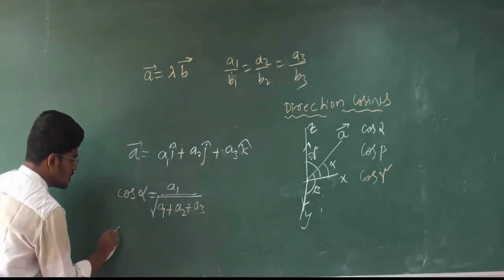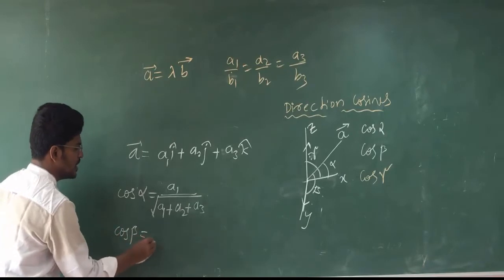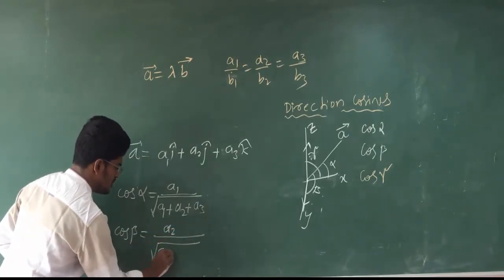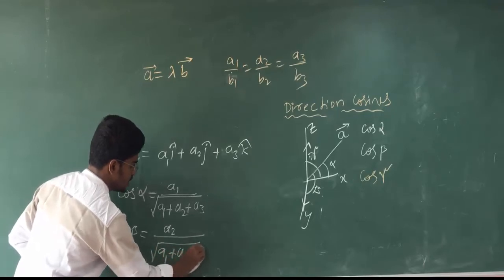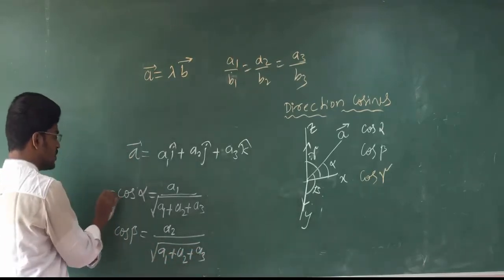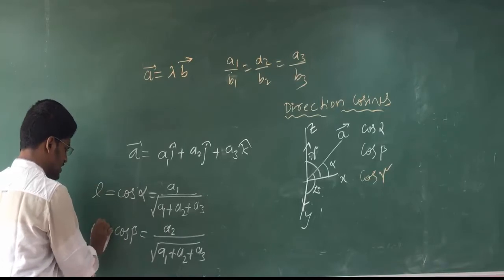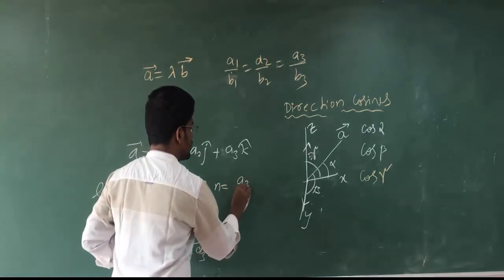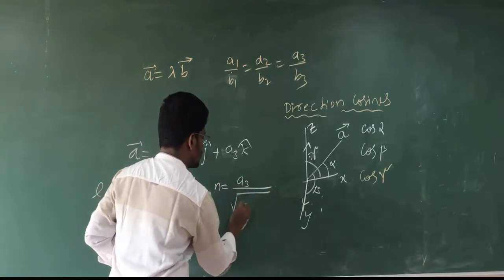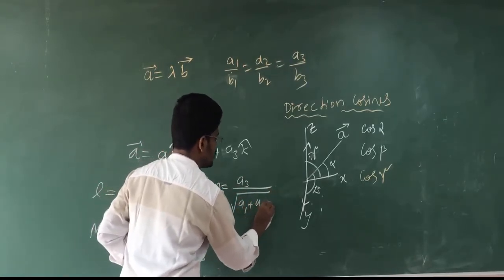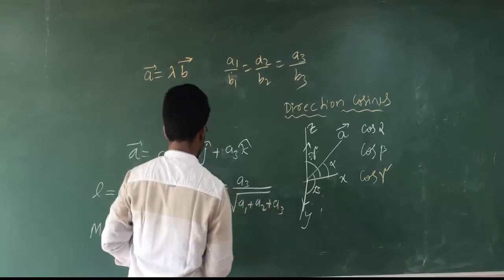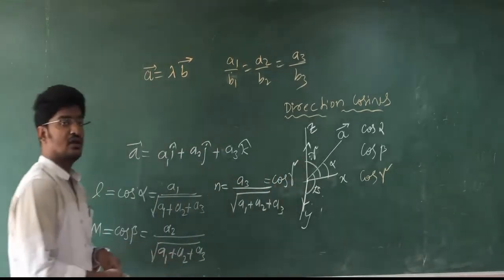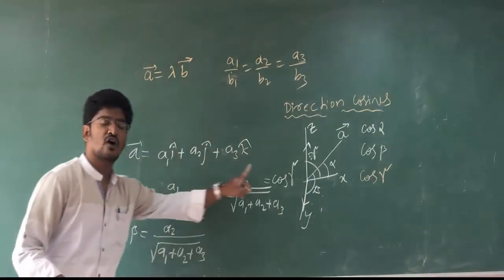Clear? Cos beta is given by a2 divided by root of a1 squared plus a2 squared plus a3 squared. This is also called L. This is also called M. And N is equal to a3 divided by root of a1 squared plus a2 squared plus a3 squared. This is nothing but cos gamma. Clear? Cos alpha, cos beta, cos gamma.